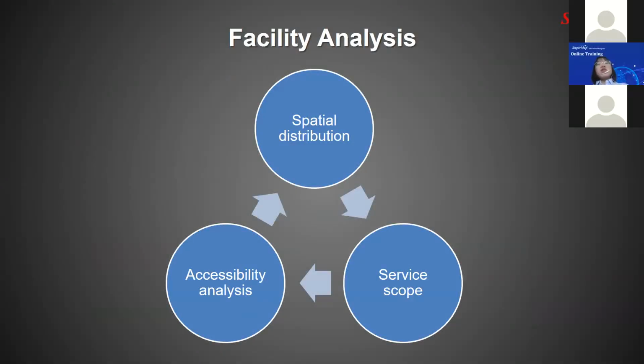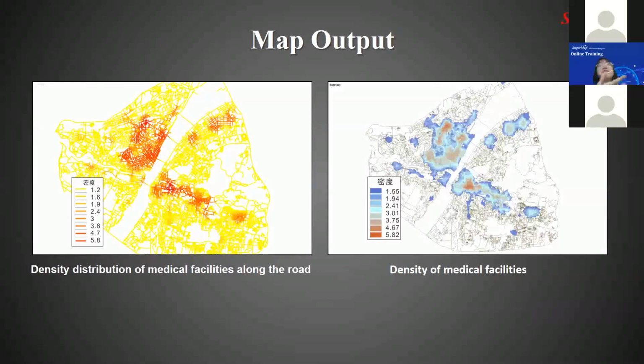So the facility analysis focuses on three main factors. The first is spatial distribution, then the service scope, and that's the accessibility. Based on these factors, this work creates the following maps.